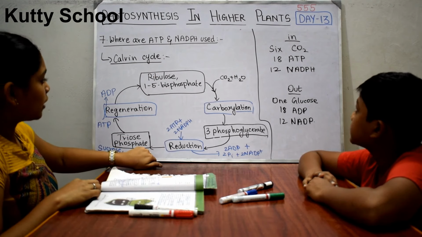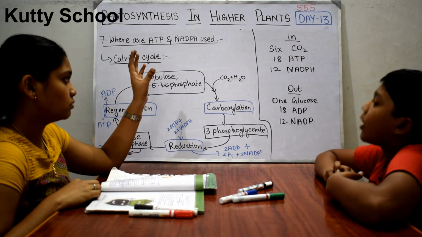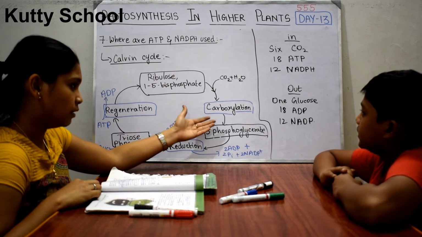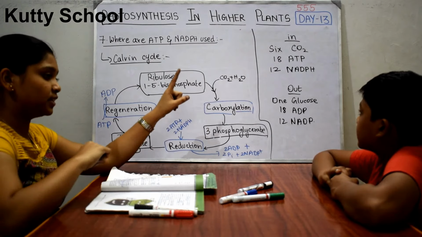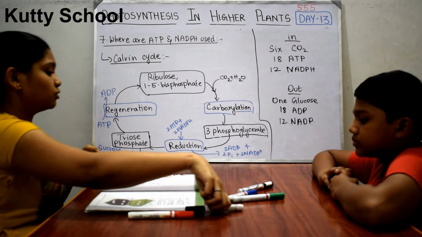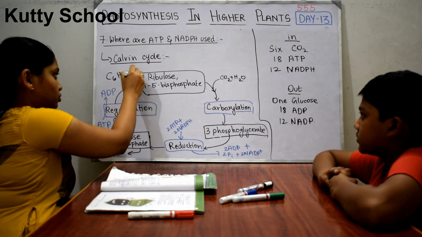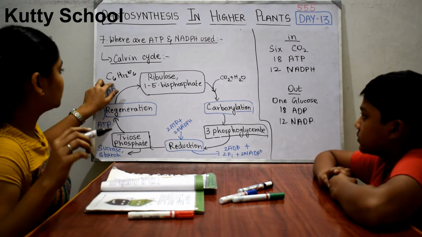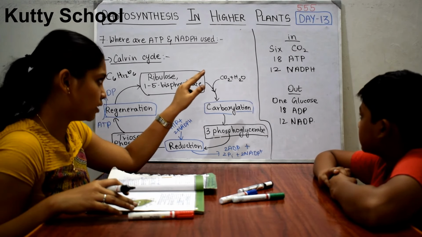Totally, how many carbon dioxide molecules go in to produce one glucose? Glucose is C6H12O6, so we need 6 carbons to produce glucose. Therefore 6 carbon dioxide go in.